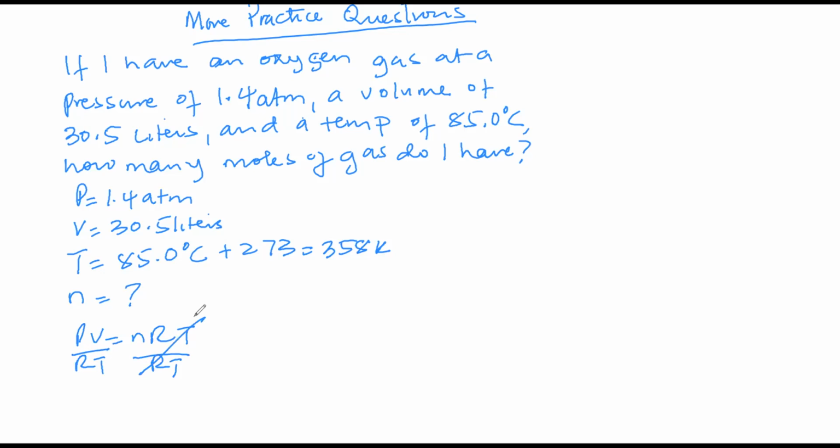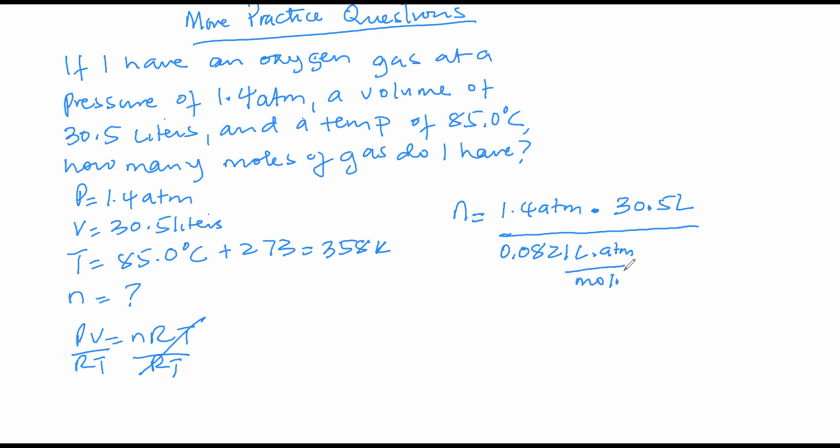So now n is equal to pressure 1.4 atmosphere times volume 30.5 liters divided by R. We are using the first R value given, 0.0821 liter atmosphere over mole Kelvin, times temperature, which we changed to Kelvin.